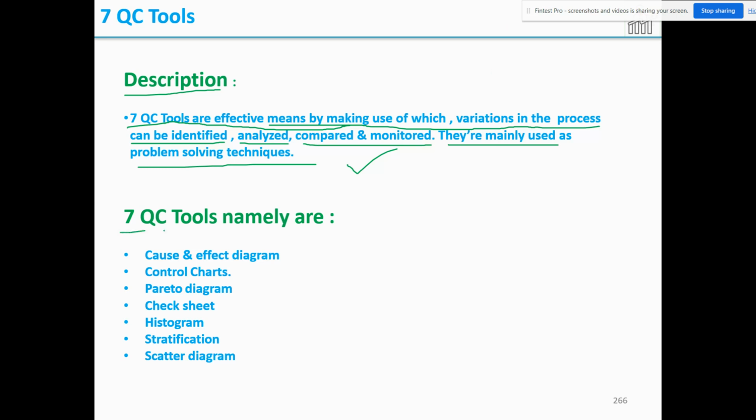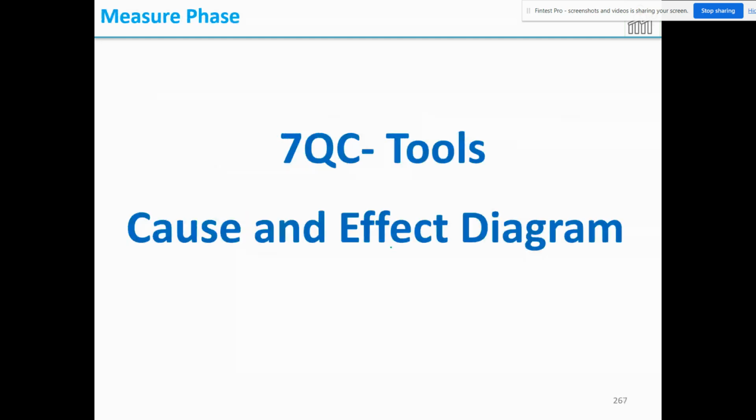So the 7QC tools are cause and effect diagram, control charts, Pareto diagram, check sheet, histogram, stratification, and scatter diagram. Now let us see each of the 7 quality control tools one by one. The first one is the cause and effect diagram.